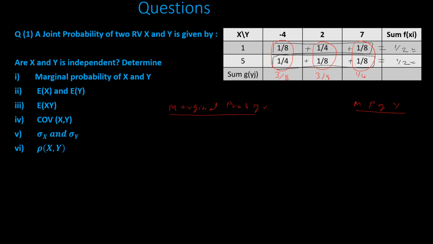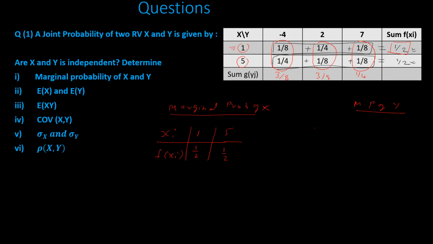Whenever you talk about the marginal probability of x, you will get two columns, xi and f of xi, as I have told you. x has only two values, which are 1 and 5, so both values will come here. And what is the f of xi value? The sum which you have written here. So 1/2 for 1, and for 5 also the sum is 1/2. So this is the marginal probability of x.